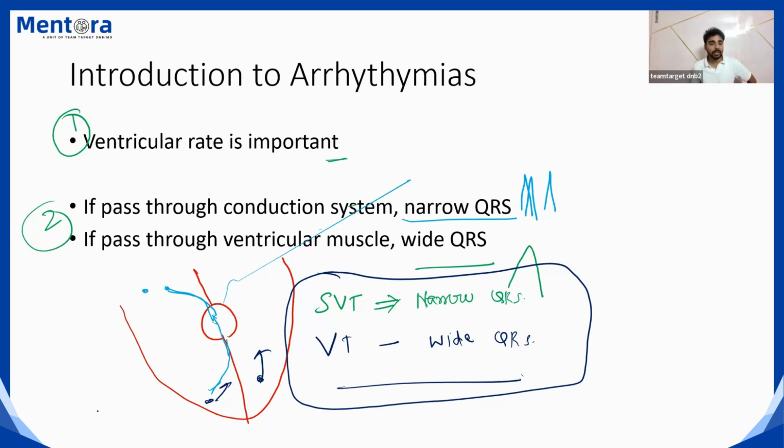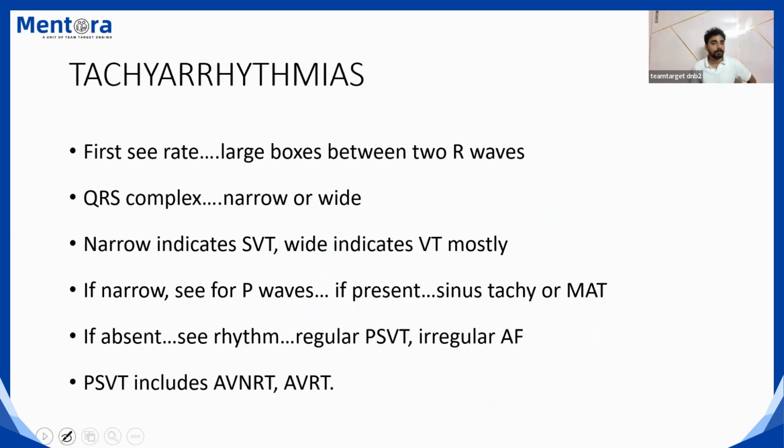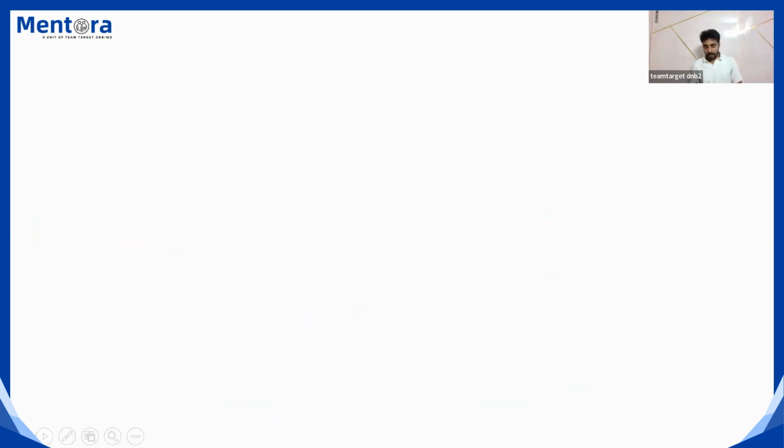So let us see one basic thing. By knowing this, you will know everything. Let us see all tachyarrhythmias. First of all, I see the ECG: tachycardia is there, the heart rate is more than 100, and an arrhythmia is there.